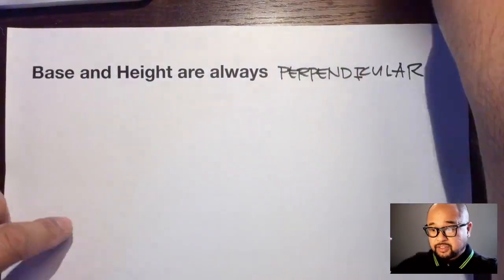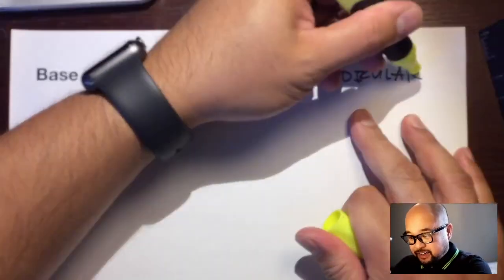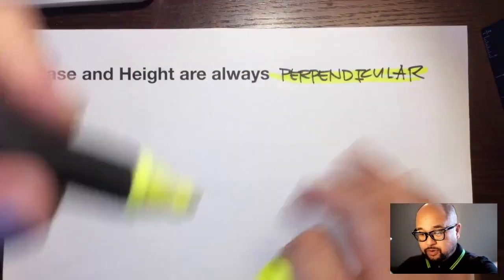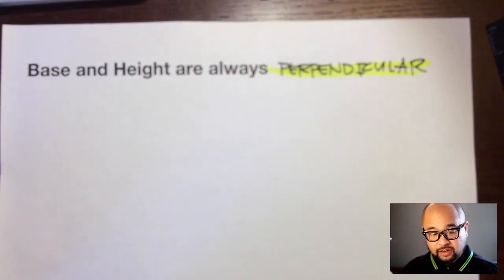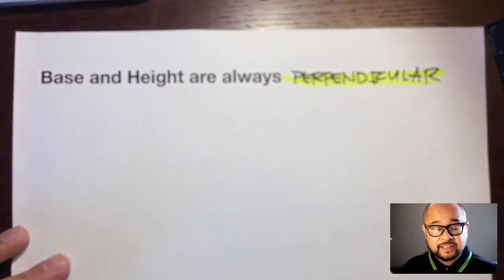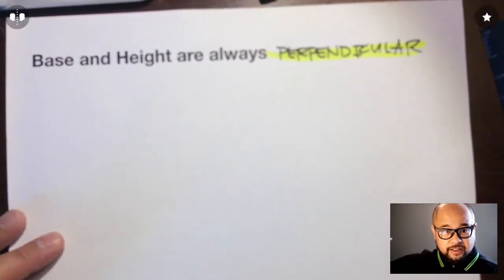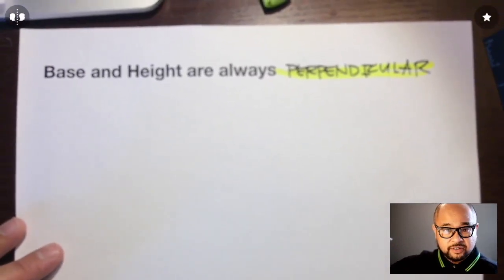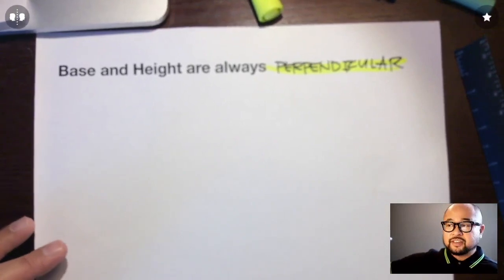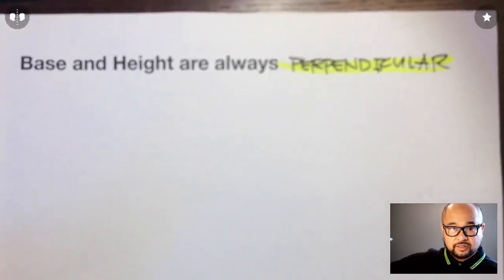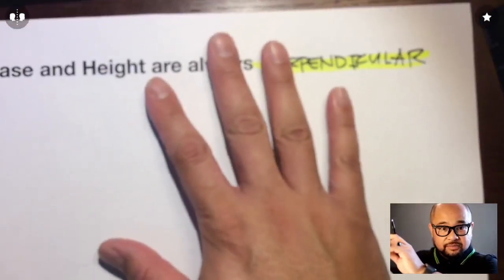Okay, put this in your notes, highlight it. The base and the height are always perpendicular. If you choose sides that aren't perpendicular to each other, then you will get the wrong answer, and then you'll get really sad, and I'll be really sad for you. So make sure that you choose sides that are always perpendicular, as this is shaking a lot.